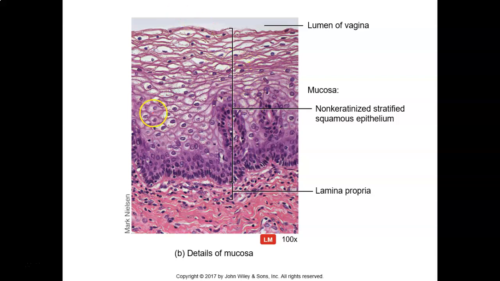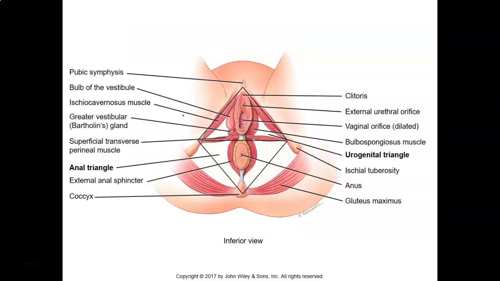And again here, just a little bit closer, an up close and personal view of what it looks like. Alright. Here are some of the deeper muscles. We talk about the muscles of the perineum.